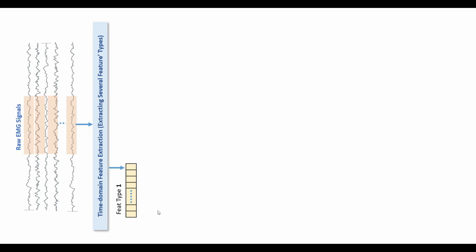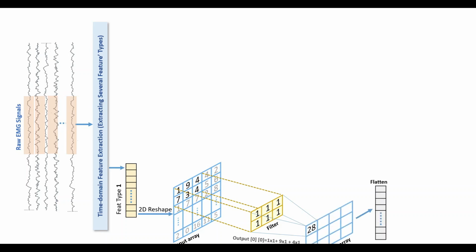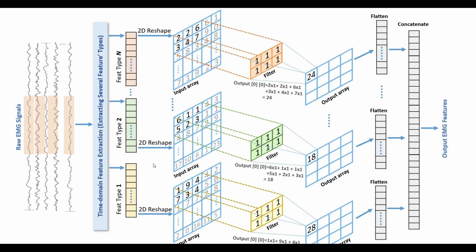That 16, you can reshape into 2D: 4 by 4, 2 by 8, 8 by 2, or 16 by 1. Then you bring your unit kernels and do convolution to get the spatial averaging of the activities of the different channels. Then you apply your attention, or go without attention, flatten it, and repeat that process, extracting as many time domain features as you want, and then concatenate everything together.